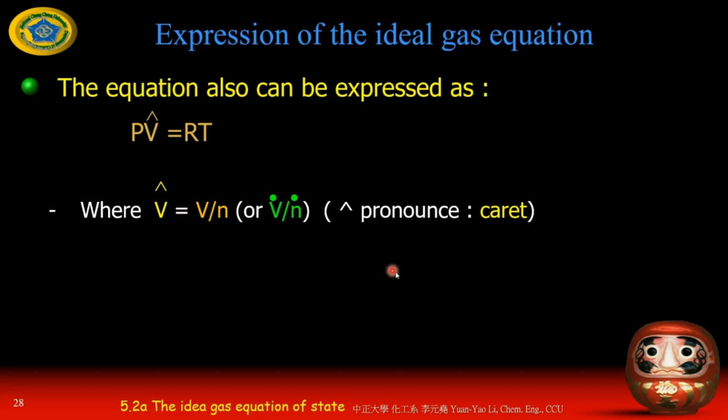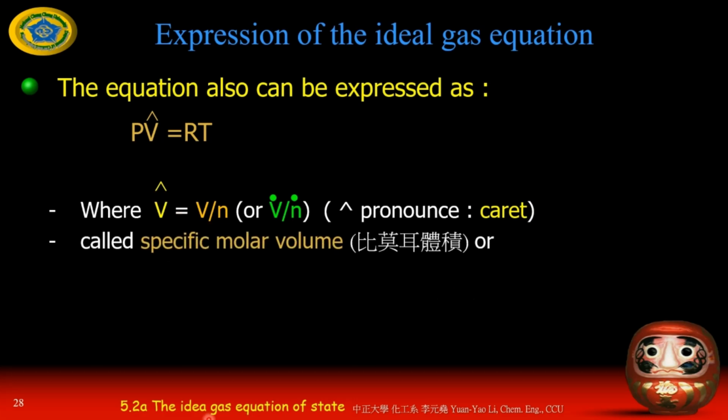Why do we need to do this? Because we can call this the specific molar volume: how much volume per one mole. So this is V over n, the specific molar volume.